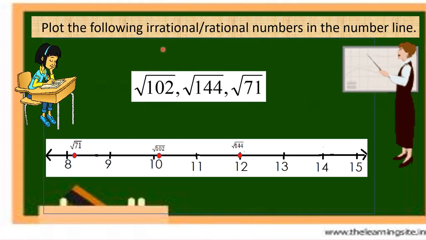Ready to plot the following numbers in the number line. We have square root of 102. Square root of 102 is in between 10 and 11.